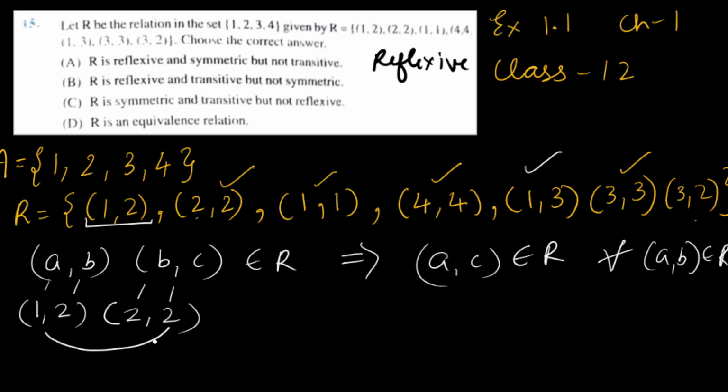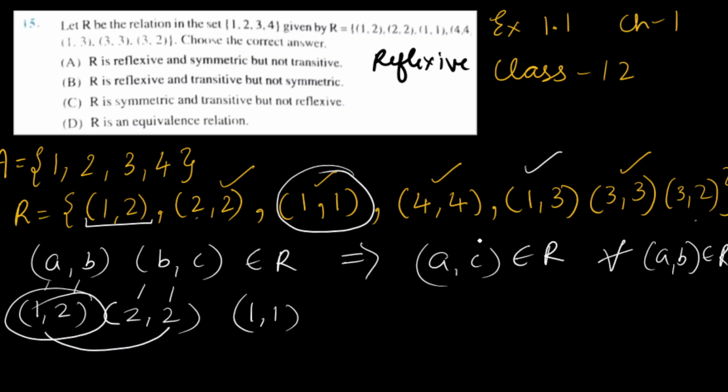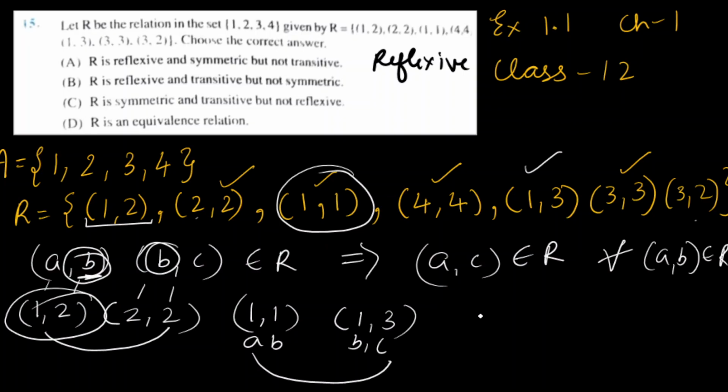For this, (a, c) is (1, 2) and that is present. So (2, 2) is done. Now we have (1, 1), any ordered pair which starts from 1. If the first ordered pair ends at b, the second ordered pair should start at b. So I have (1, 3) here. If this is (a, b) and this is (b, c), then (a, c) means (1, 3), which is already present.